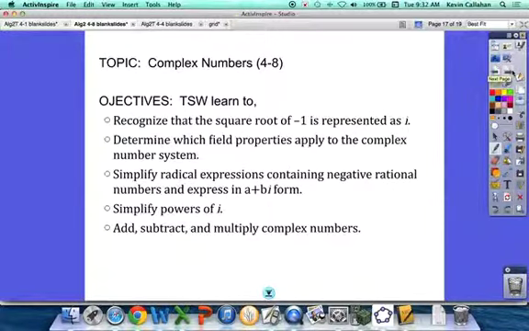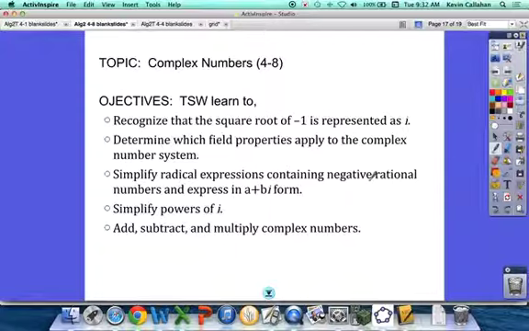Okay, now if we look back at these, they're going to make a little more sense, right? Recognize that the square root of -1 is represented as i. The properties are things like commutative, associative, all the same properties we did on the first day of class. They apply to complex numbers just like they apply to real numbers.